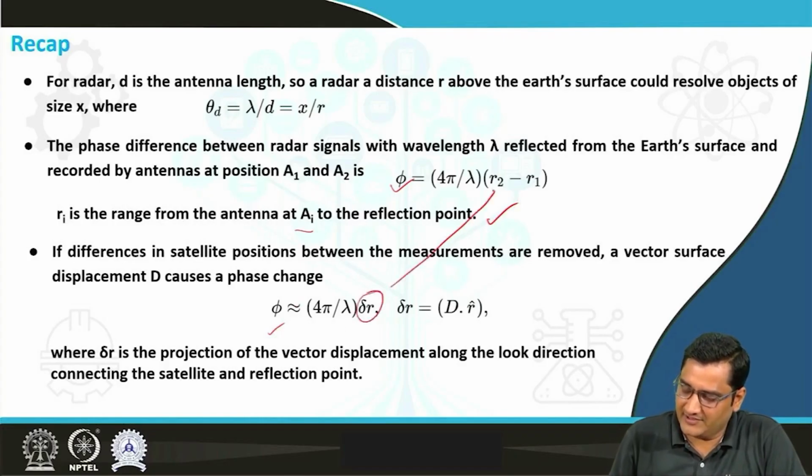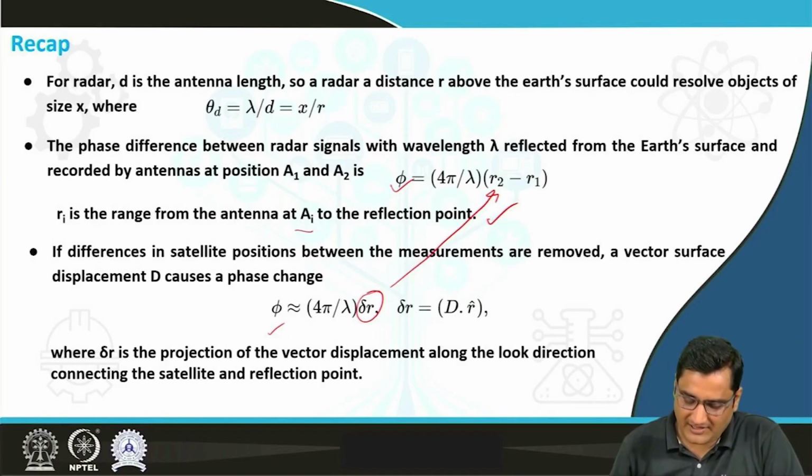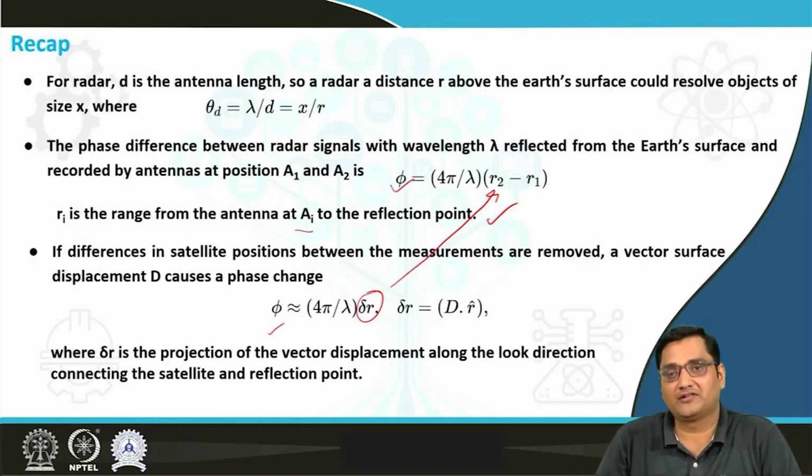This is just a variation of the formula, and since we have very minute differences in satellite position, it has been replaced with delta r, which is d dot r cap, where delta r is the projection of the vector displacement along the look direction connecting the satellite and the reflection point.